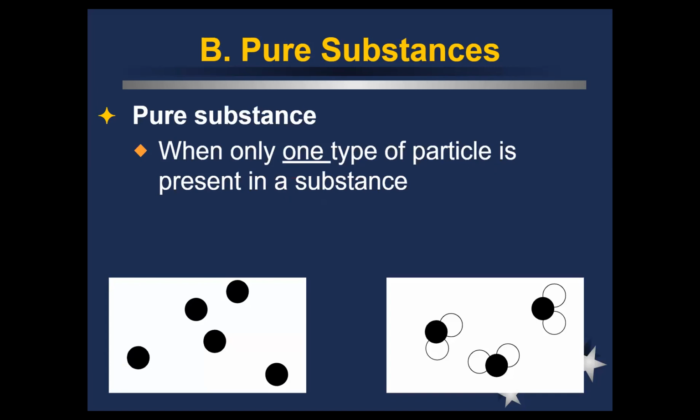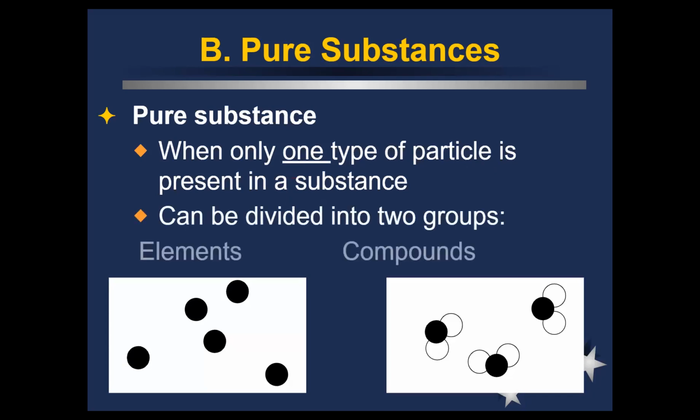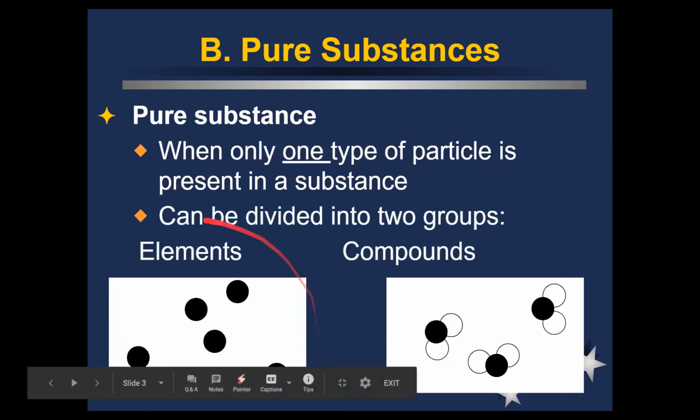There's only one type of particle. And we can split our particles into two different categories, like we were just talking about. We have elements, where it literally is just single atoms. So you can imagine that these little dots are like atoms. So elements are where we just have the single atoms spread around in an area.